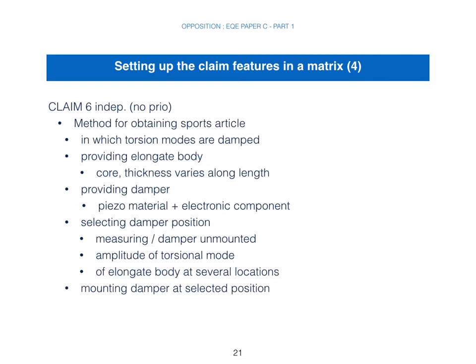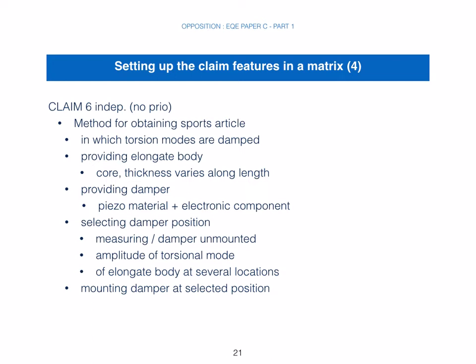Claim 6 is an independent claim not entitled to priority. It's a method for obtaining a sports article in which torsion modes are damped, and it comprises the steps of providing an elongate body, having a core whose thickness varies along the length, providing a damper, or at least one damper, of piezoelectric material with an electronic component.